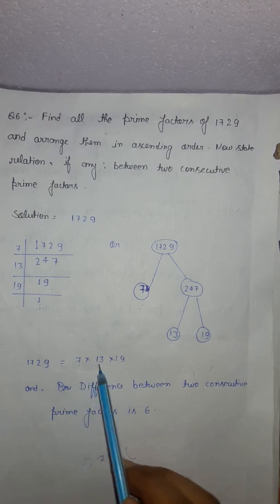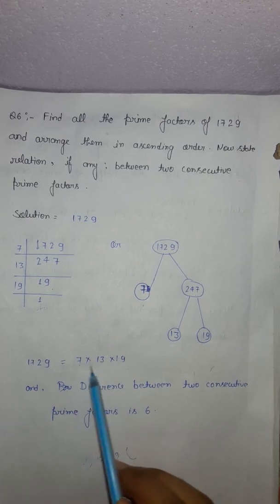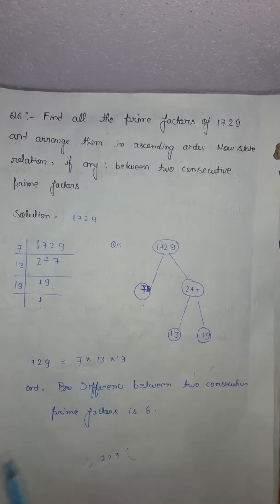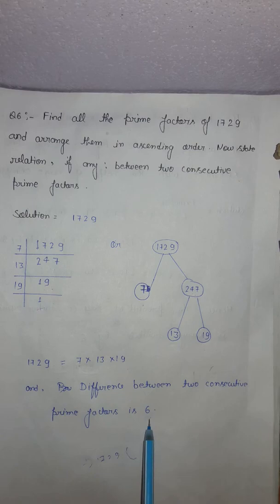So you can see that the difference of both is 6. So we write that the difference between two consecutive prime factors is 6. It is the relation between two consecutive factors, which we had to determine.